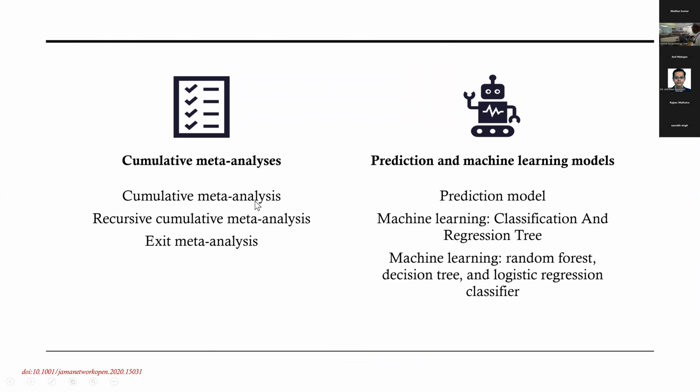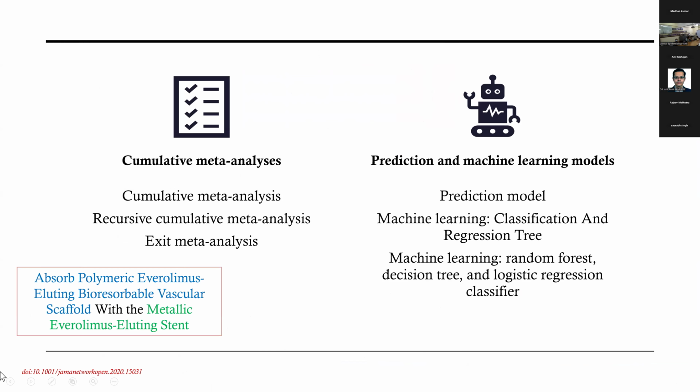Now we go on to the next one called cumulative meta-analysis, and you can also do prediction and learning models. Now let me give an example. For people with heart disease, the most popular drug is called everolimus. You can have a metal stent with everolimus, or you can have a polymeric stent with everolimus, also called a bioresorbable stent.